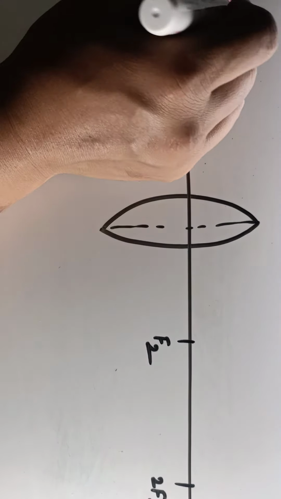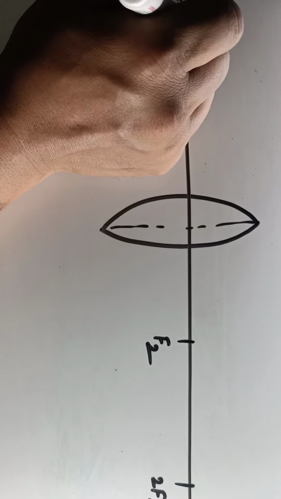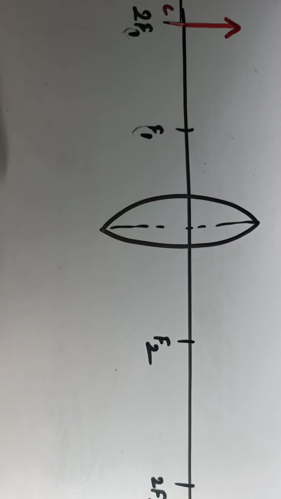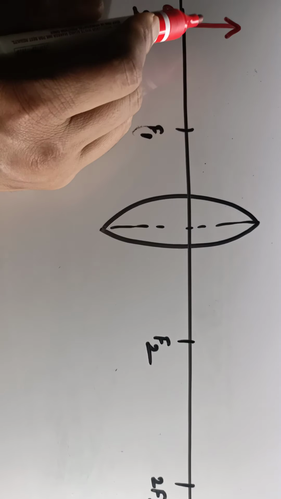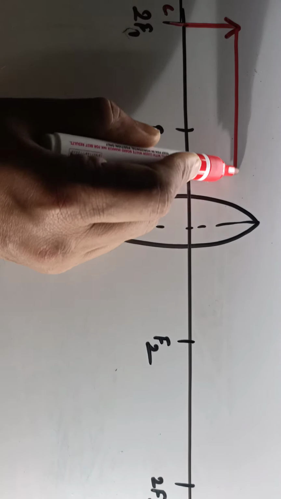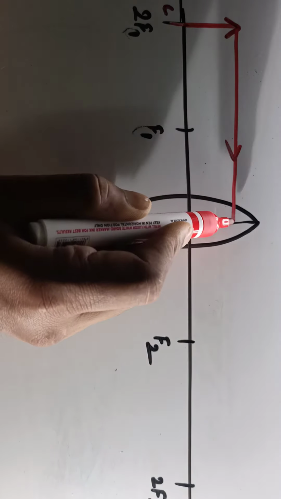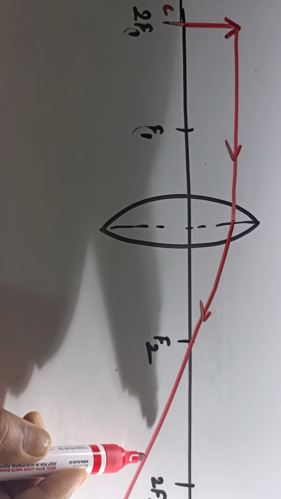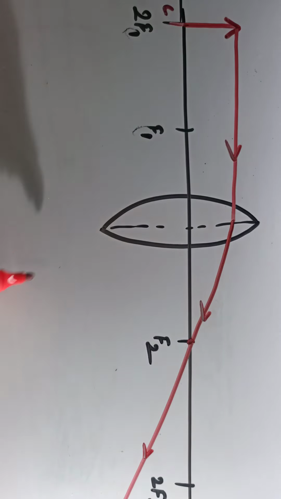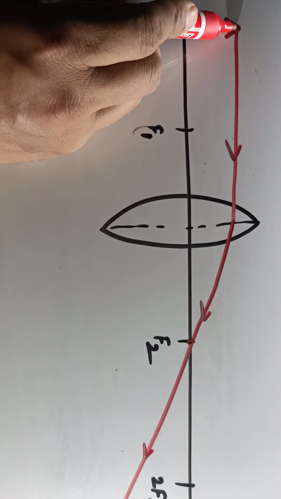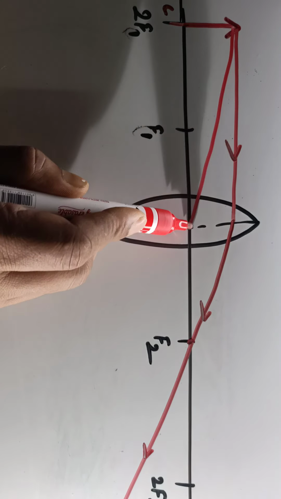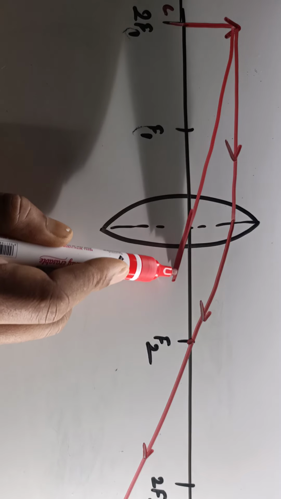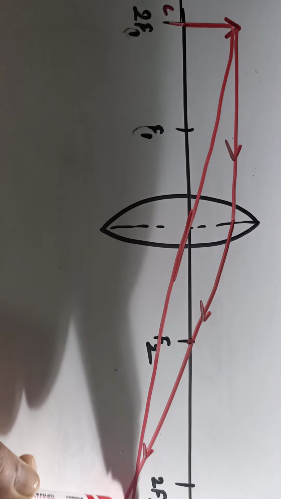So let's try that. I'm keeping an object at 2f1. The rule says a ray of light which travels parallel to the principal axis will pass through the focus. So this is the point through which the ray of light is passing. Then the second ray of light will pass through the optical center.